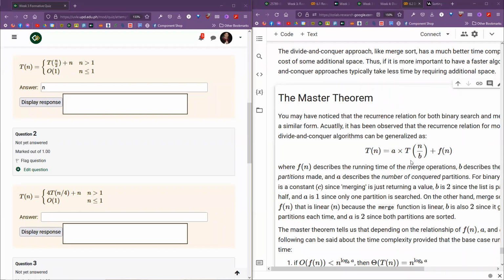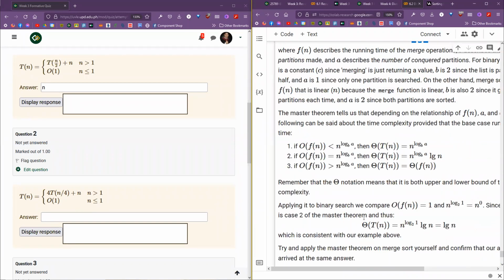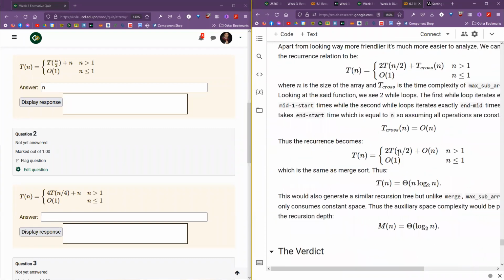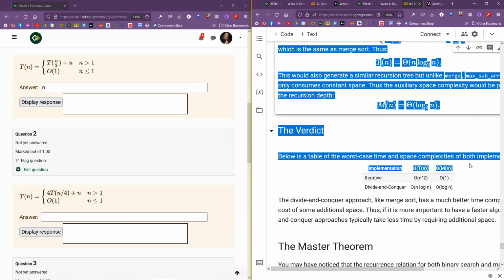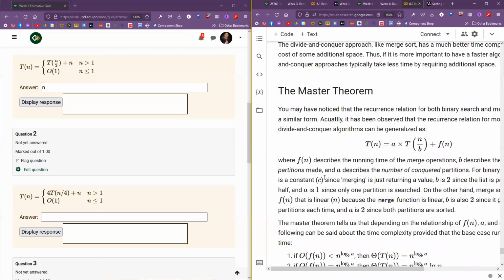However, yung master theorem, applicable lang siya pag ganito yung form ng ating function. And it also requires na yung ating base case ay constant yung running time. So kailangan yung base case is always constant to apply yung ating master theorem.